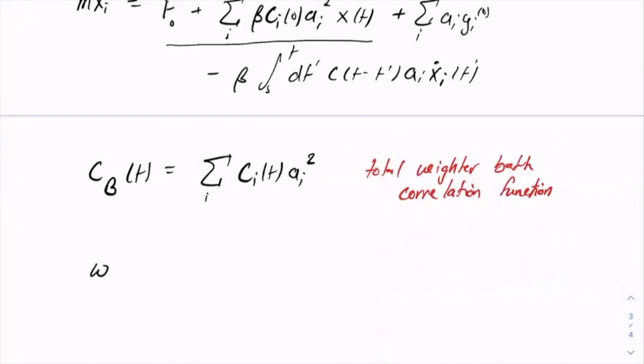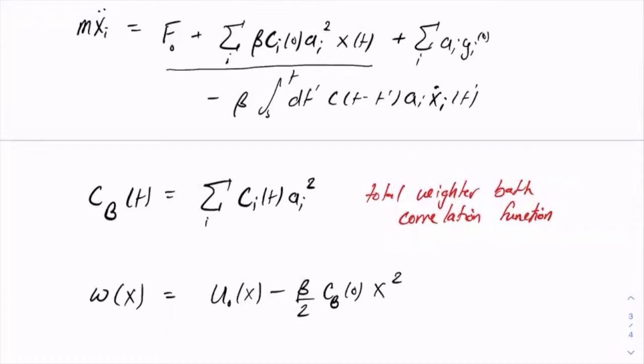Let's define some W of x as our original potential less beta by 2, the bath correlation function evaluated at 0, x squared.